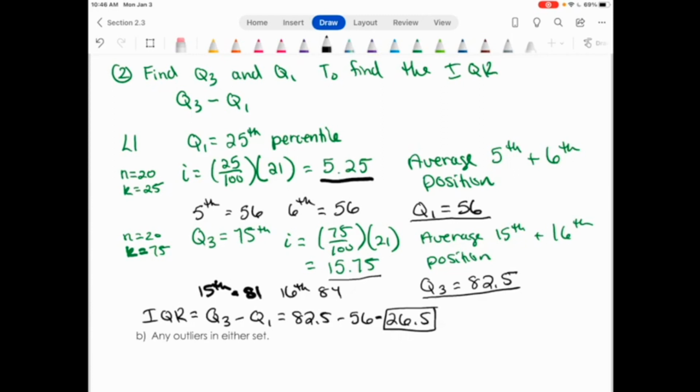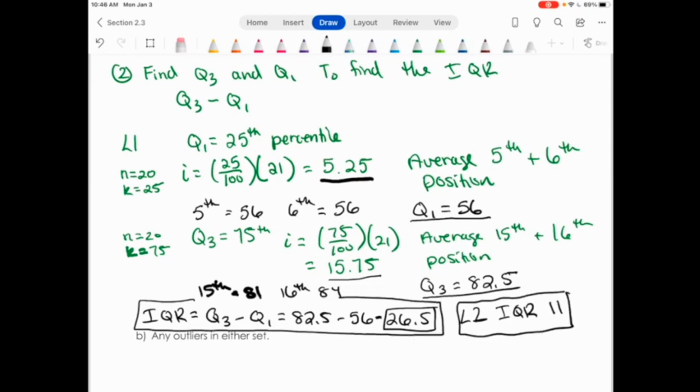Now, following that same procedure for list 2, you should get an interquartile range of 11 for list 2. So try that on your own and make sure you can get it. And if you can't, let me know and I'll help you with it in class. Now we're supposed to compare these.